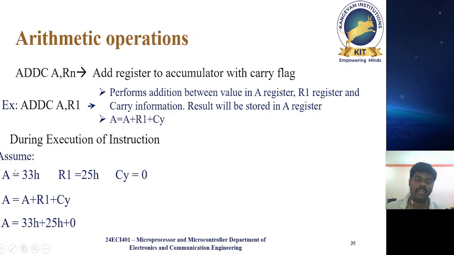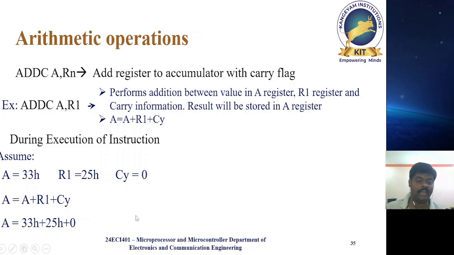Suppose A value is 33 and R1 is 25, and assume that the carry flag right now is 0. So what will happen? 33 from A, 25 from R1 and 0 from the carry.